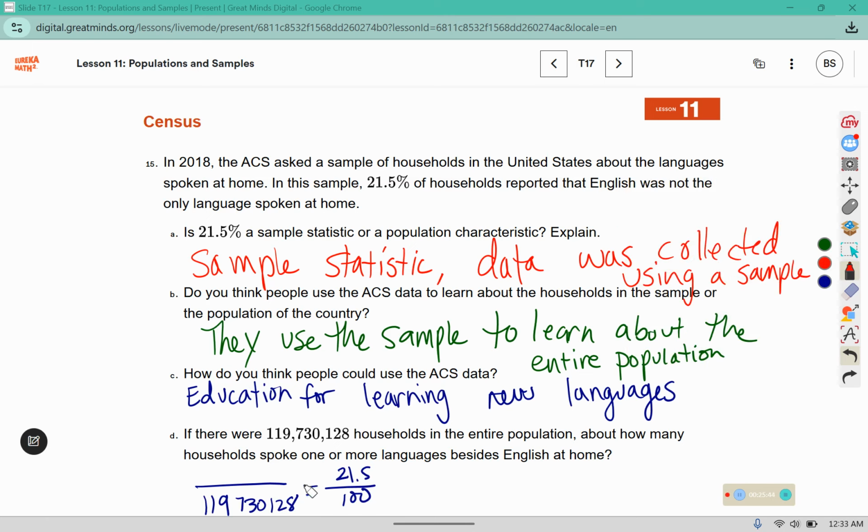So we can cross multiply and divide. We're going to round to the nearest whole number because we're talking about people, so we don't want any decimal people. And that is 25,741,978. There's a 0.5, so it rounds that last number up.